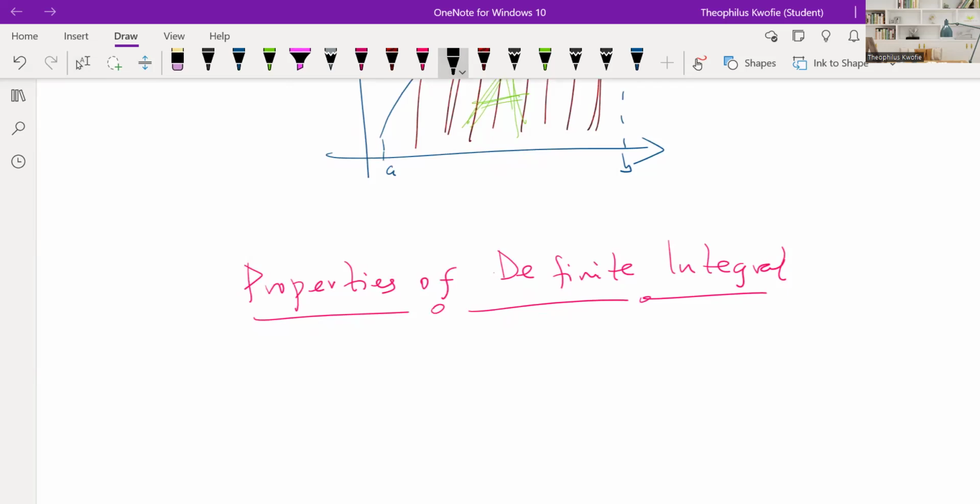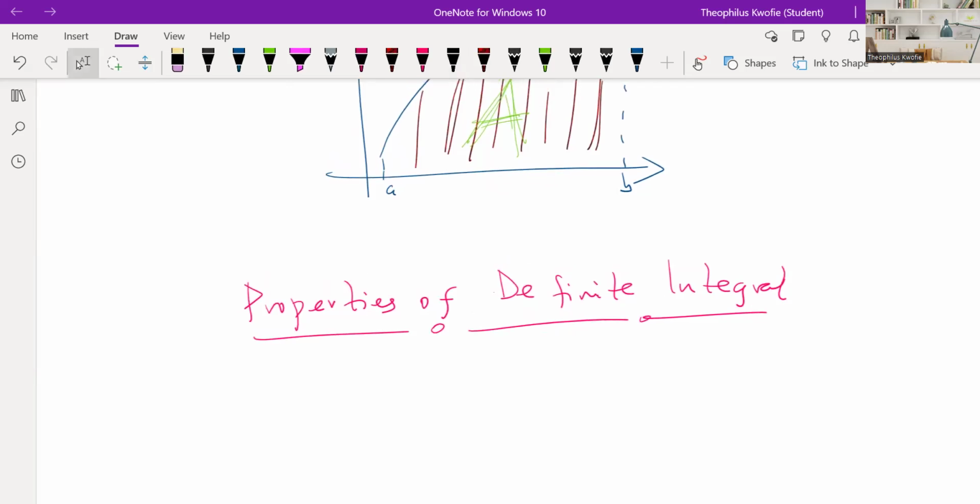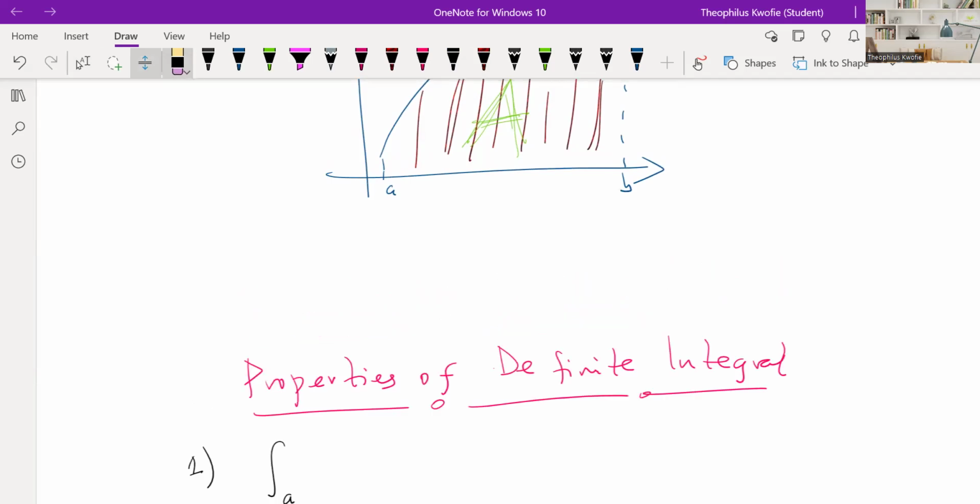The first property is that the integral from A to B, but before we talk about the property, I would like to lay the foundation before I go to the properties.